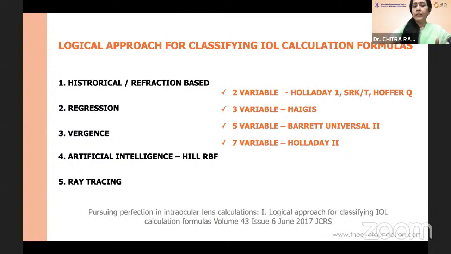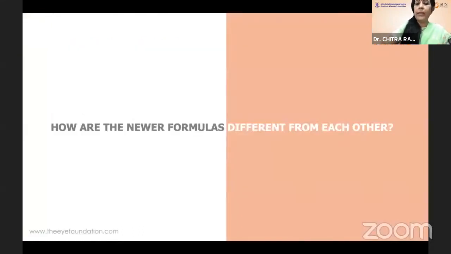Like with the Vergence, the advantage was that we started incorporating 2 variables, 3 variables, and 7 variables in measurements in the very process of trying to get more precise on the effective lens position, which was the major challenge in evolving a better, more accurate IOL formula. Then came the artificial intelligence Hill RBF, which was essentially a very robust statistical model, which kept evolving so that the predictive error became even less in it. And of course, the ray tracing.